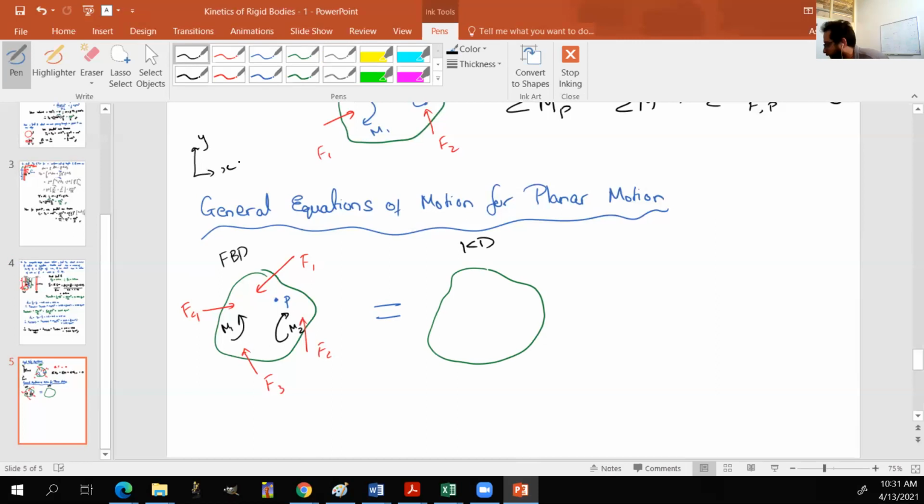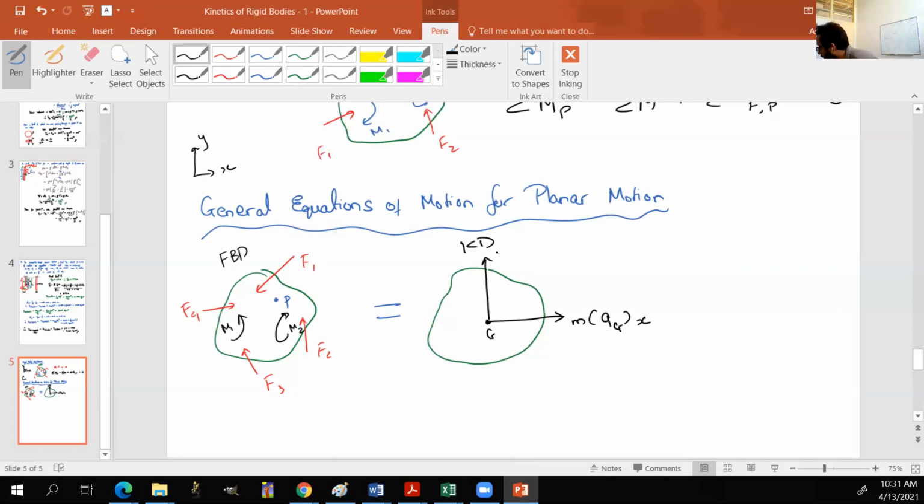like that, right? So what you're going to end up having is a resultant motion in the x direction. So that'll be mass times whatever the acceleration of your mass center is in the x direction, right?